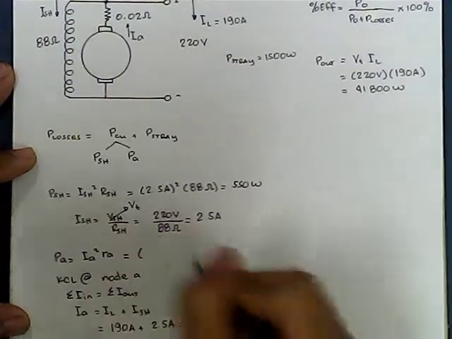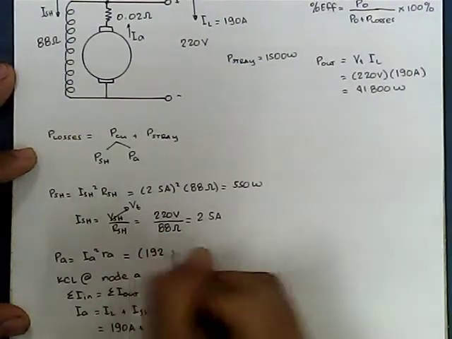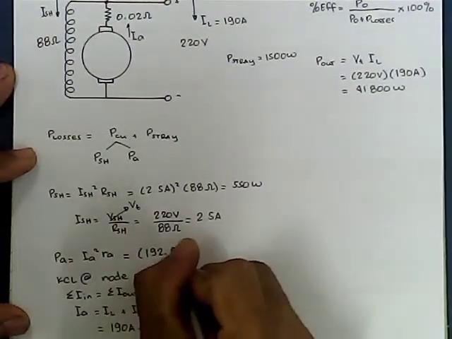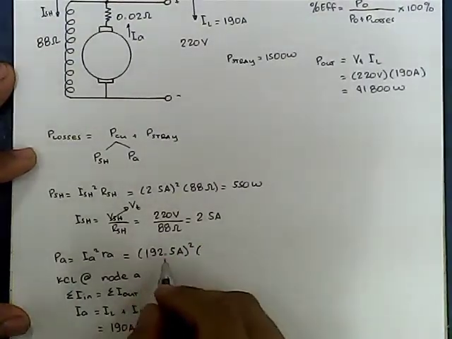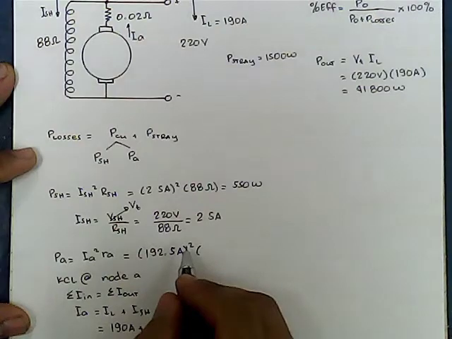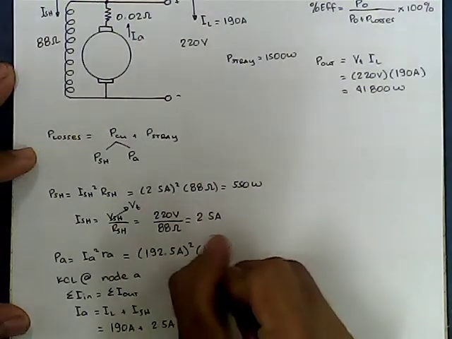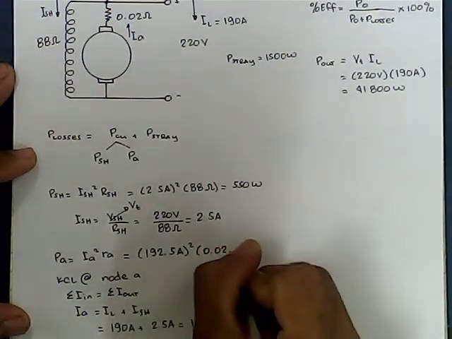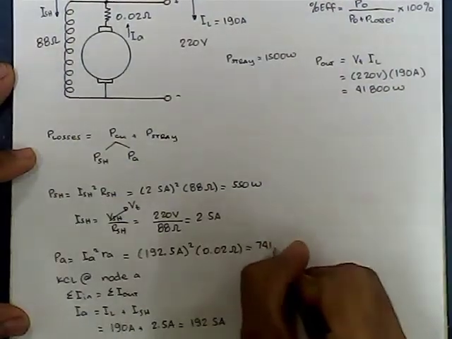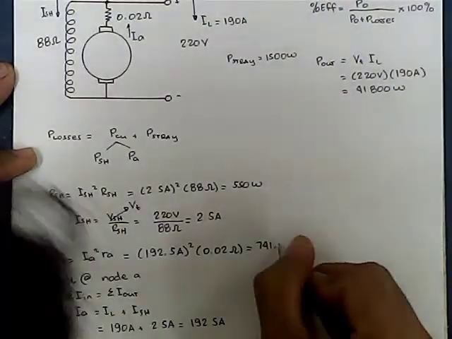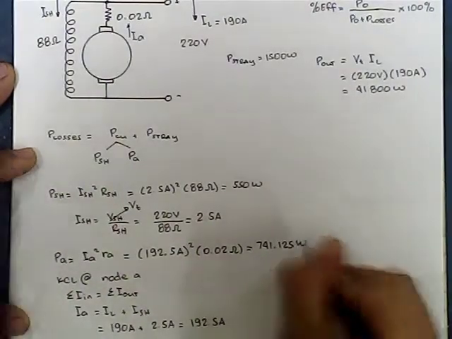We have here 192.5 amperes squared times 0.02 ohm is 741.125 watts.